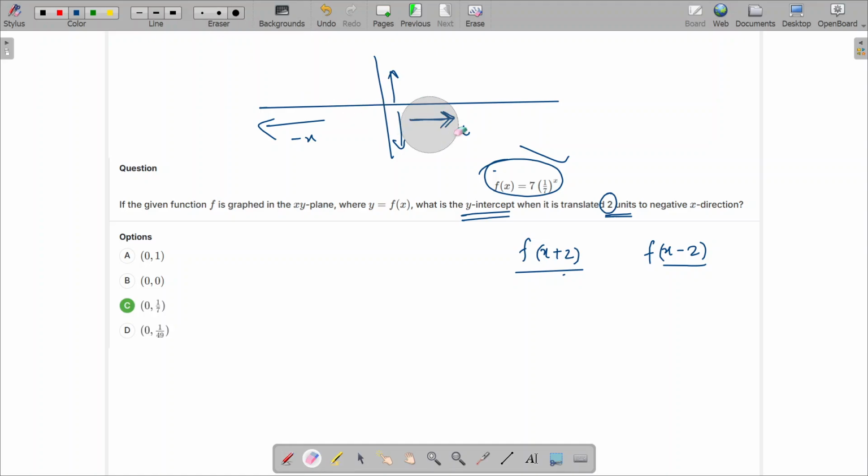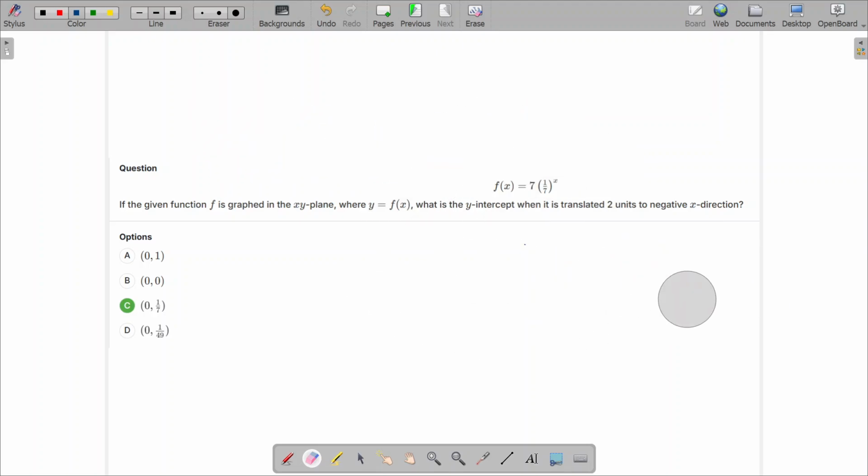Okay, so the same thing you need to do on Desmos. I'll first write down the function and then translate it. Don't do it manually. No need to do any question of transformation manually. Desmos will help you for sure.